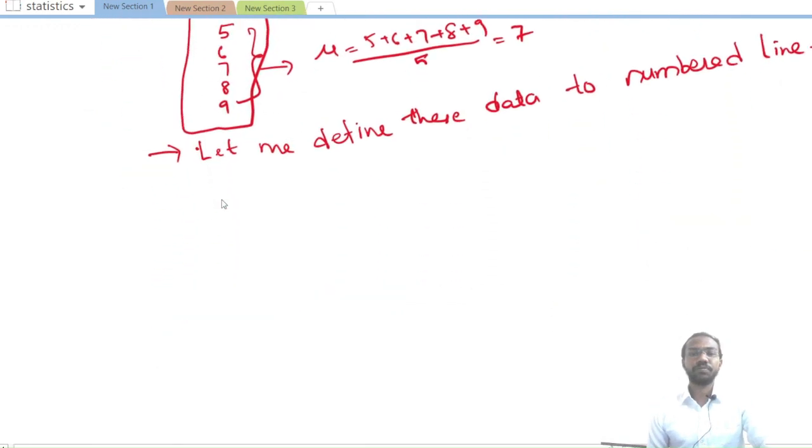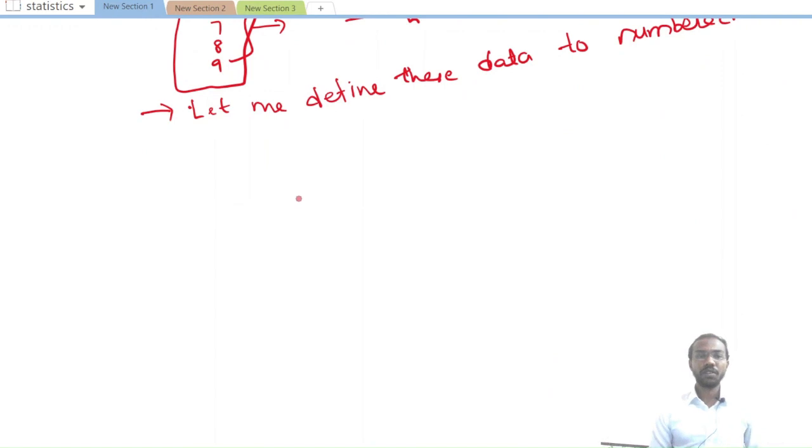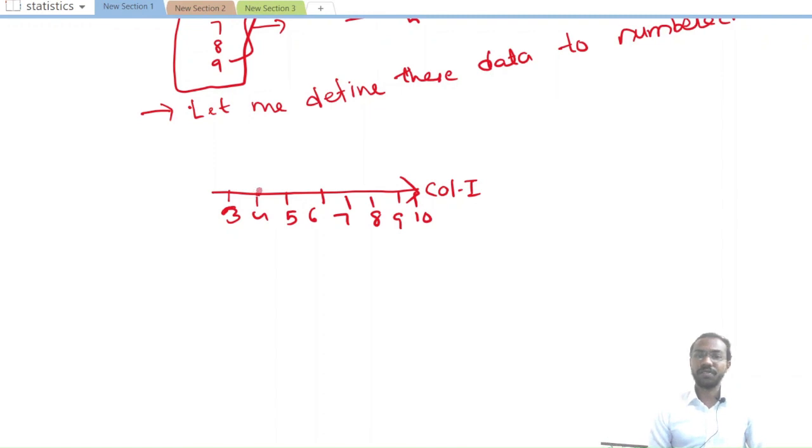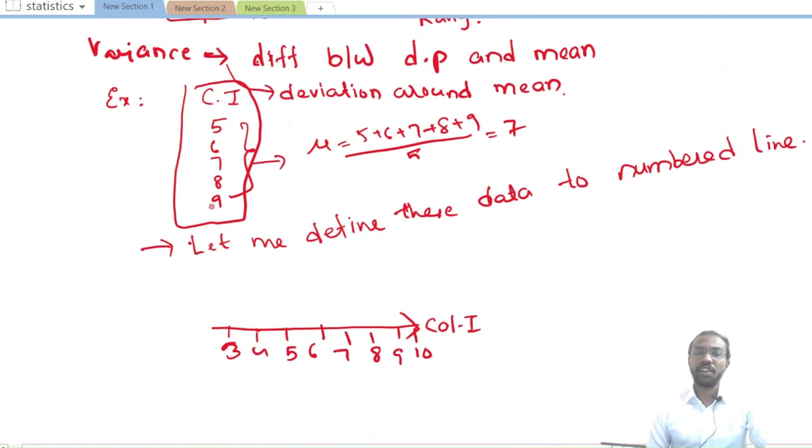The number line looks like this now. Our number line contains the values 3, 4, 6, 7, 8, 9, 10. Our data contains the data points 5, 6, 7, 8, 9.